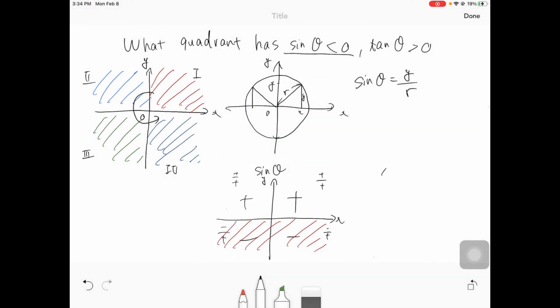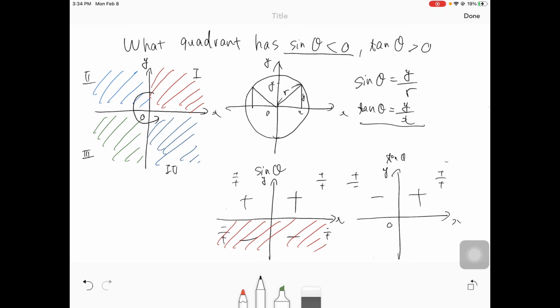Okay. Then next, let's think about tangent theta. Tangent theta is y over x. In the first quadrant, y is positive and also x is positive, so positive over positive is plus. In the second quadrant, y value is positive and x value is negative, so plus over negative is going to be negative.